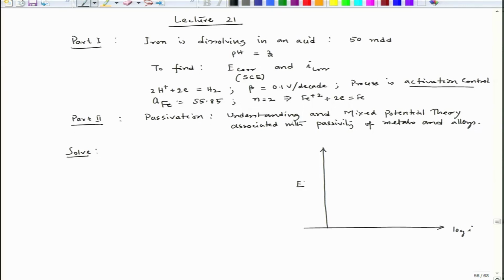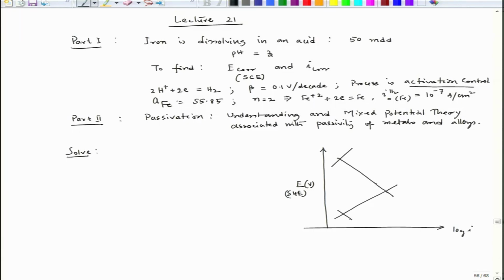Now, let me draw everything with reference to standard hydrogen electrode, and since hydrogen ion reduction is the cathodic reaction, so we can have mixed potential theory like this. And one more data that is missing is I0 for hydrogen over iron surface equal to 10 to the power minus 7 ampere per centimeter square.